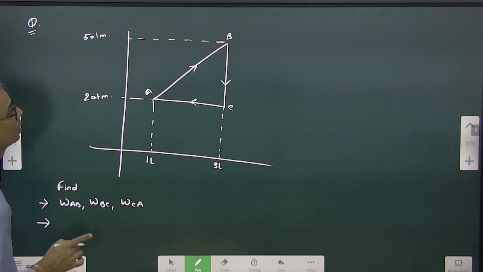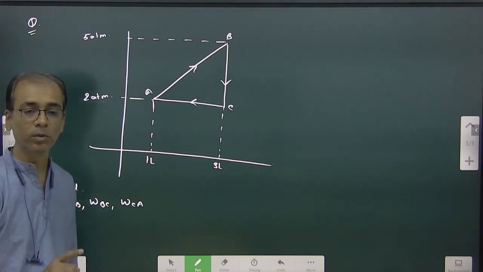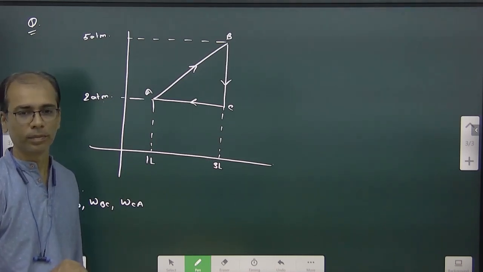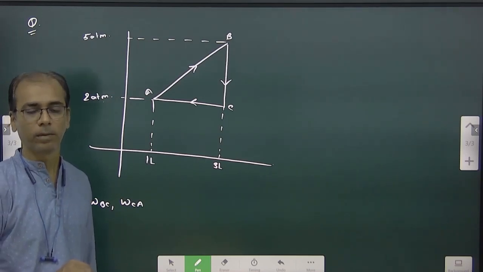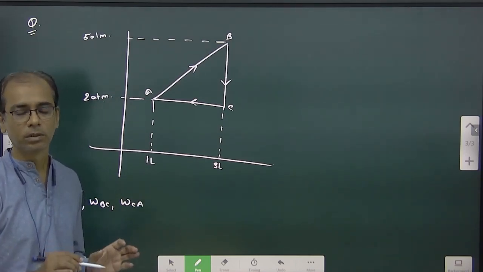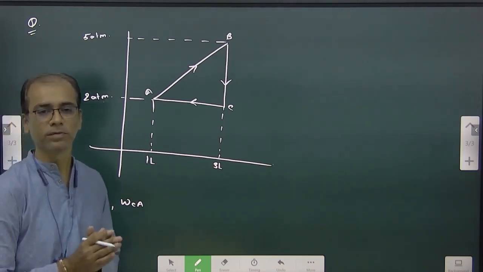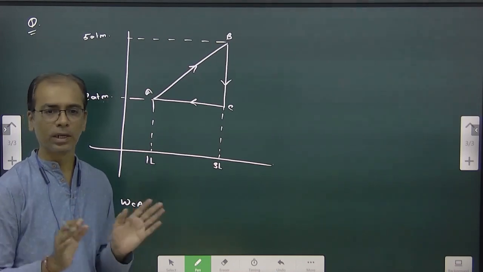Shall we find internal energy also? But for internal energy, I have to talk first about the ideal gas equation. I need to tell you, then only you can find it. The ideal gas equation is basically a relation between the physical parameters of the gas at any state.